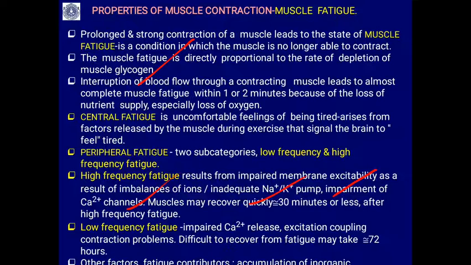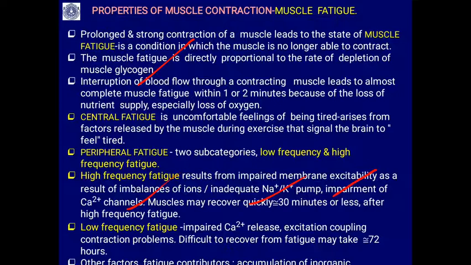Low frequency fatigue means impaired calcium release, and it is difficult to recover even after 72 hours. So these are the peripheral fatigue. Other factors involved in muscle fatigue are the accumulation of inorganic ions, lactic acid and others. So there are conditions where the muscle cannot contract.